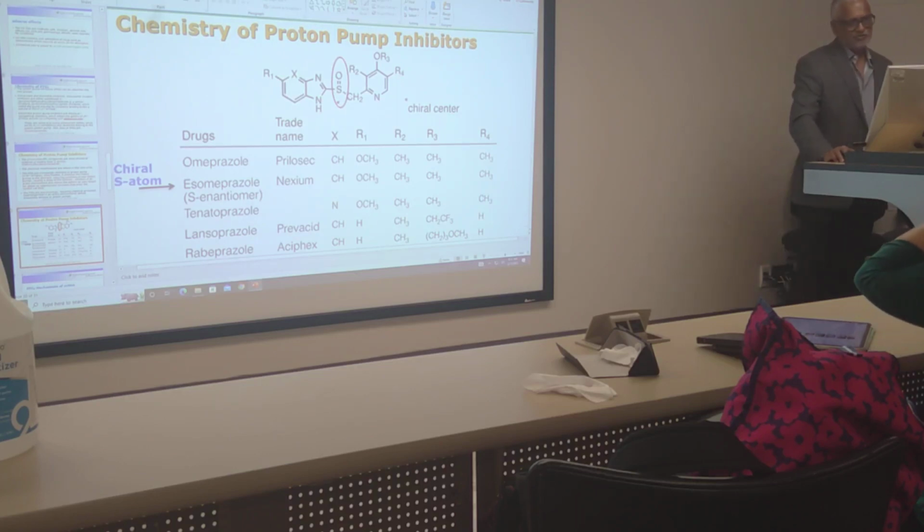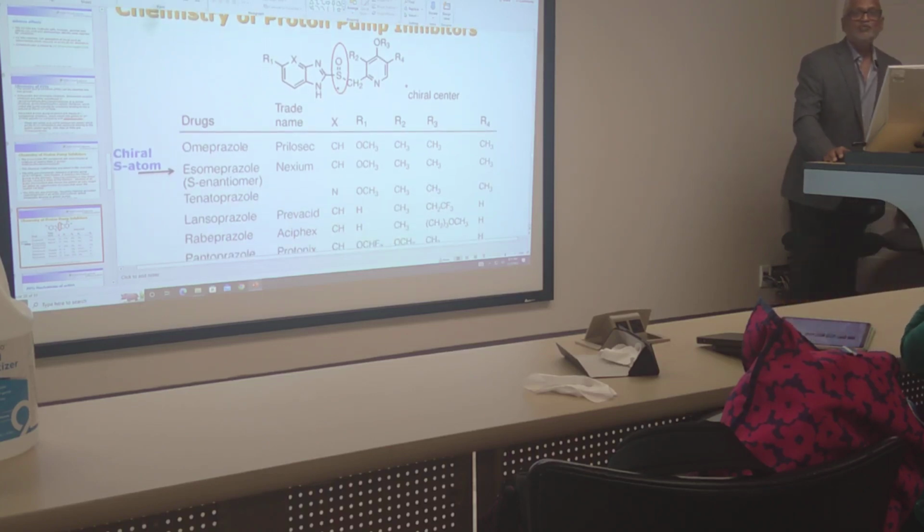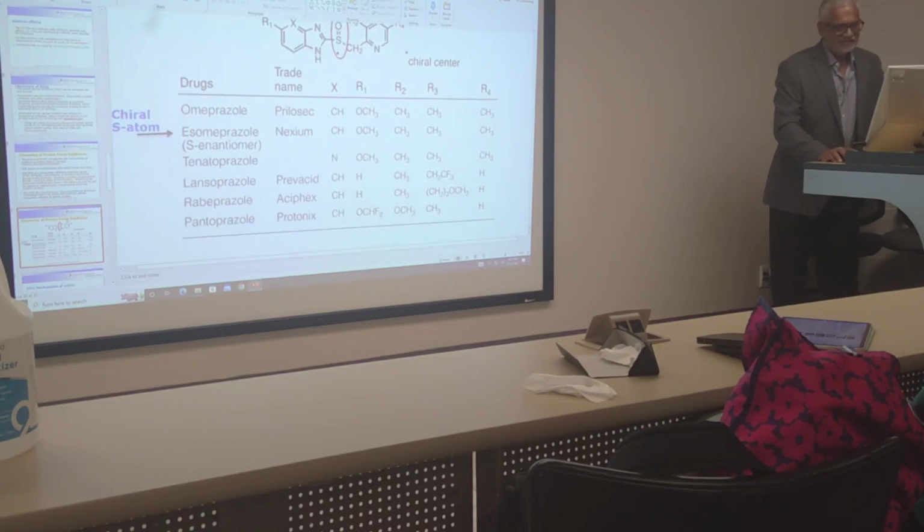I just want you to know this: the ring structure here is not imidazole, it is benzimidazole, benzene containing imidazole. Then what is the activation step required? What happens here? That's in the next slide.